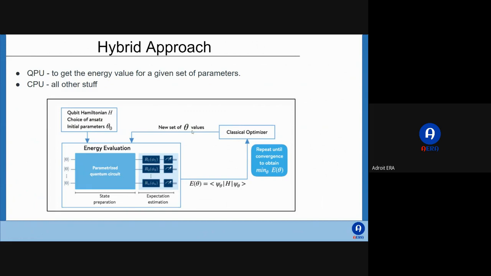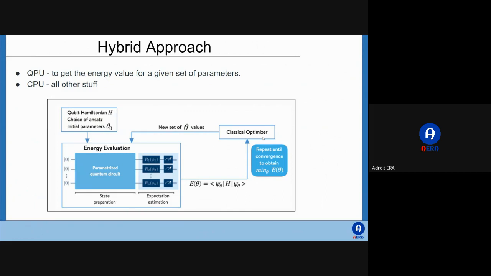The classical optimizer gives you a new set of theta values, you put those in, compute the problem again, and check whether the new E theta is equal to the ground state. Once it is, you stop the process. You don't need to go back to the classical optimizer to ask whether it is the real ground state or not.